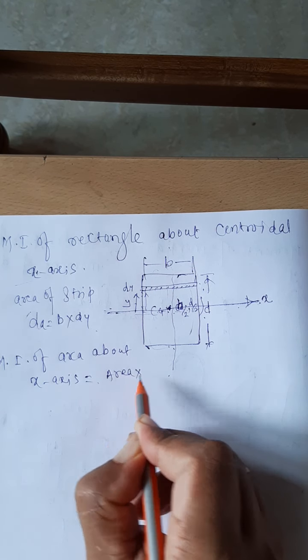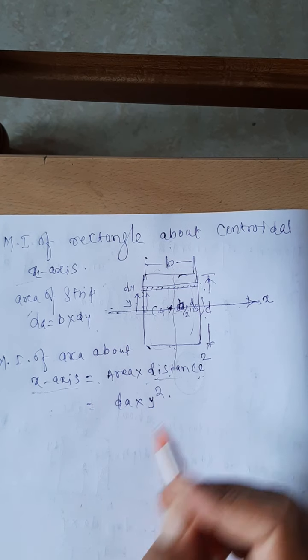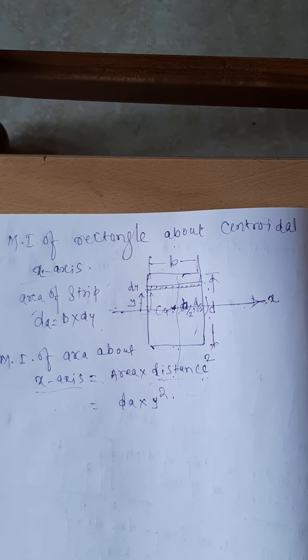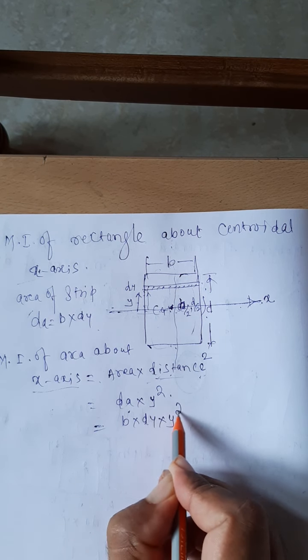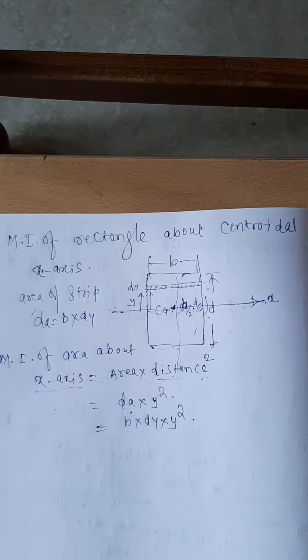Therefore, area is dA multiplied by distance y square. This is equal to, yes, what is the value of dA? dA is equal to b into dy, into y square, right?